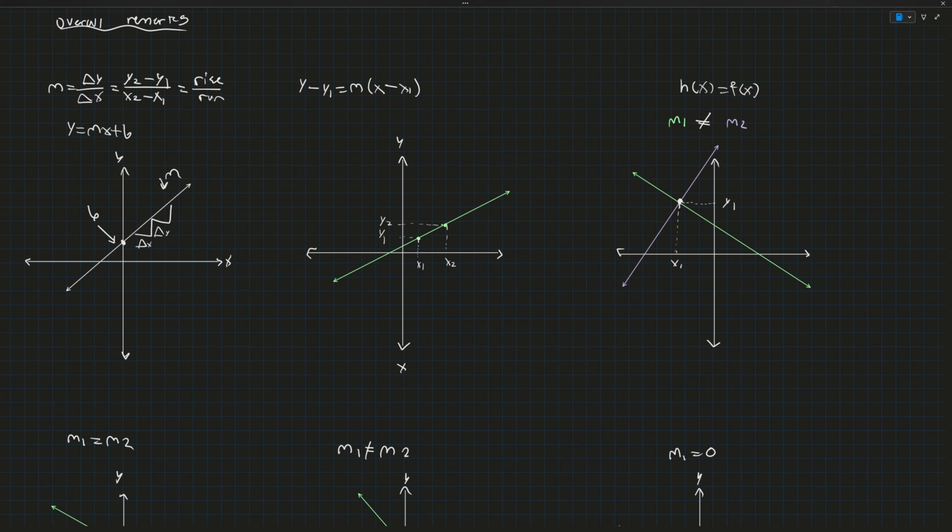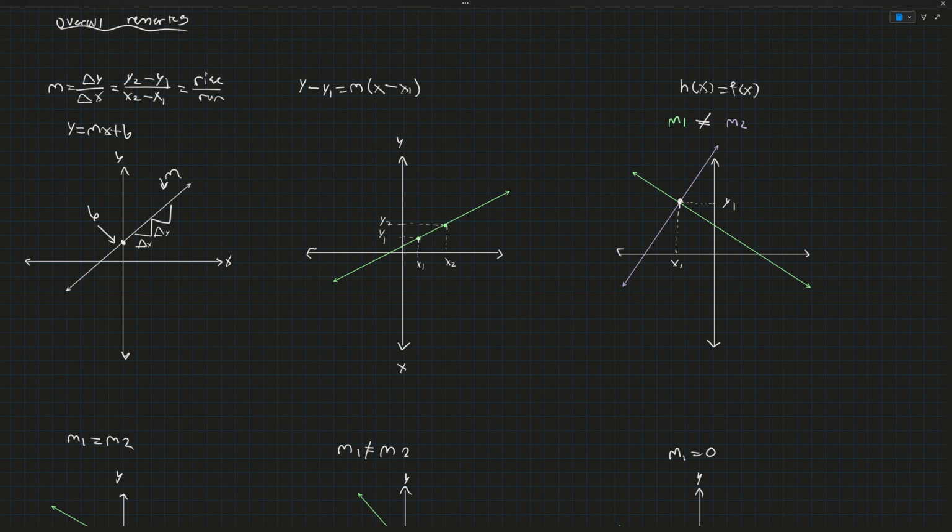In this case, it's just some y2 minus y1 over x2 minus x1, which is rise over run. And once we find the slope and we have some given points, we can use it to find the slope-intercept form, which is the slope times x plus some constant b. This b is known as the y-intercept, which is where it touches the y-axis.